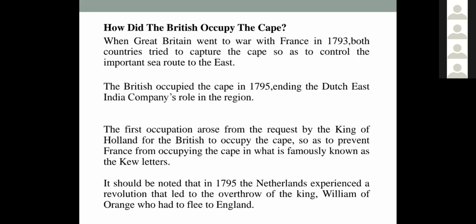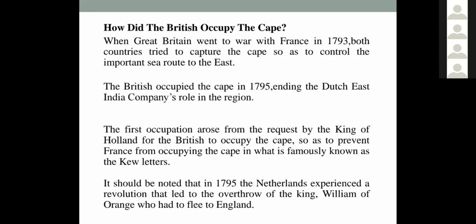And when the king went to England, he issued a proclamation, which is commonly known as the Kew Letters, saying that all the Dutch overseas possessions now belonged to the British. So Britain, after that proclamation, went and occupied the Cape in 1795.